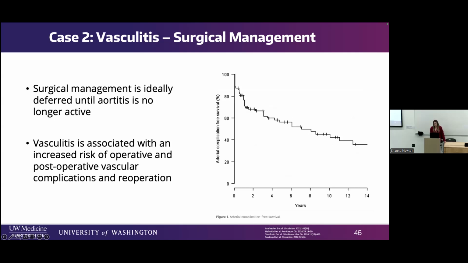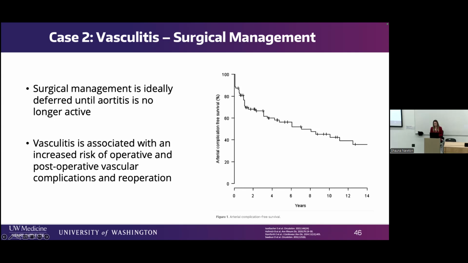There was another study with a different patient population. They all had Takayasu arteritis, but this is the article that's most frequently cited in the guidelines. This was 79 patients with Takayasu arteritis, and they found that the 5-year arterial complication rate was 44%. Even at 6 years, there's a 50% risk of arterial complications.